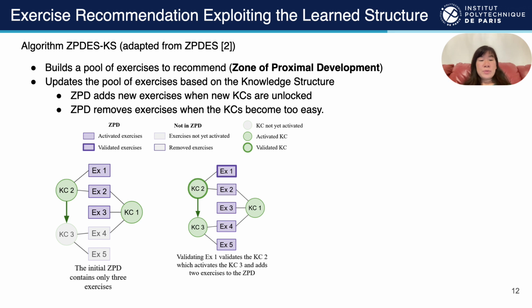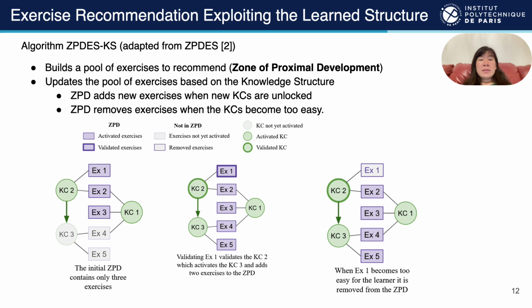So we can move to the KC3 and add exercises 4 and 5 to the zone of proximal development. As we here can propose all 5 exercises, the student continues to train and get better. When exercise 1 becomes too easy for the learner, so he's getting much better, then this exercise is deactivated and removed from the zone of proximal development.